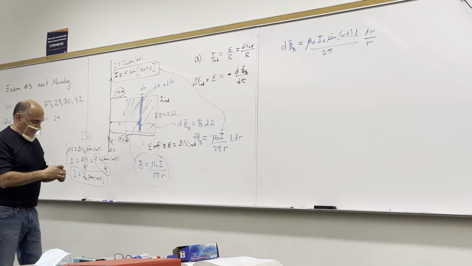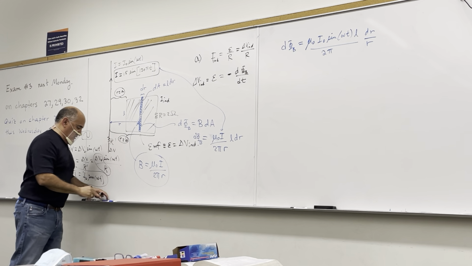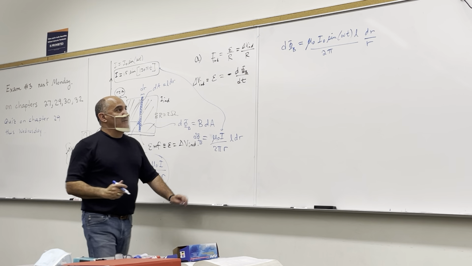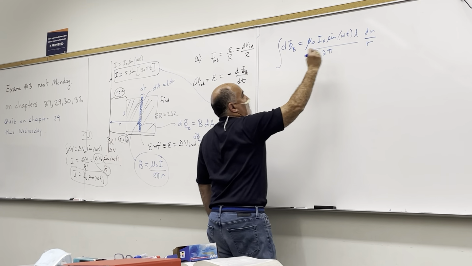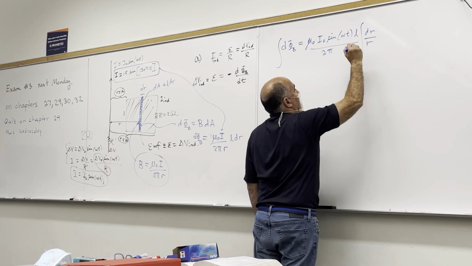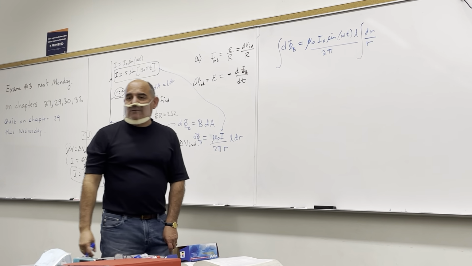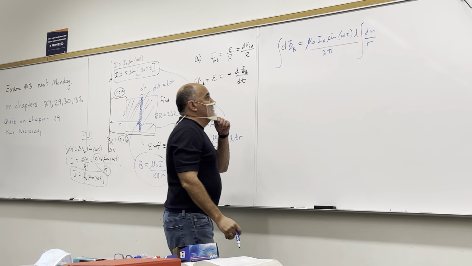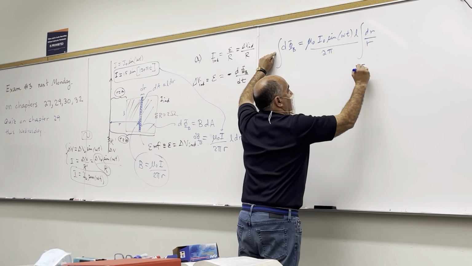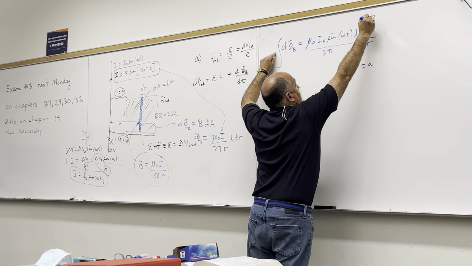So, how do I get the total magnetic flux through this loop? Integrate from A to B. Integrate both sides, and all of these are space independent, so the only thing that varies is going to be r. I integrate from r equals A to r equals B.